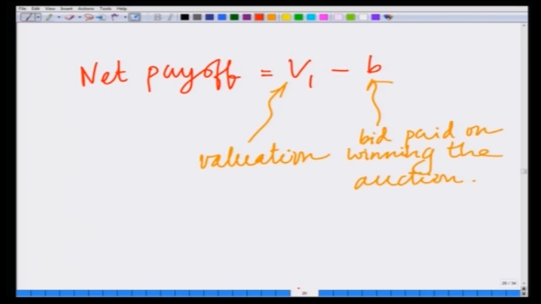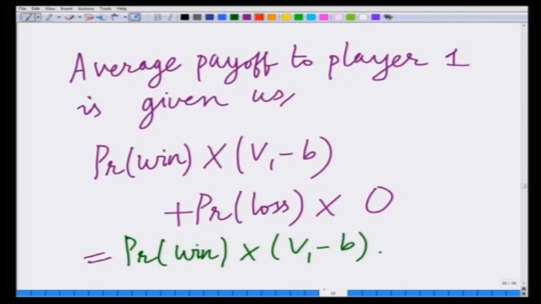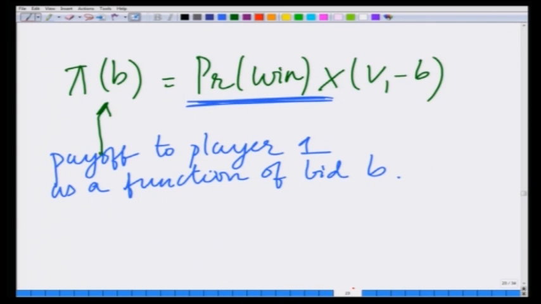Now if we go back to the expression where we are characterizing the payoff, we now know the probability of win.